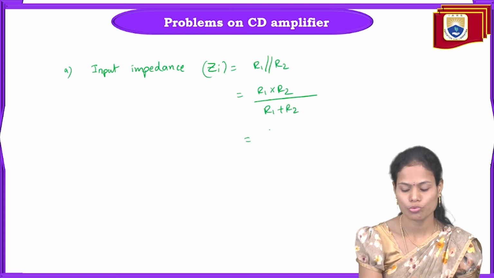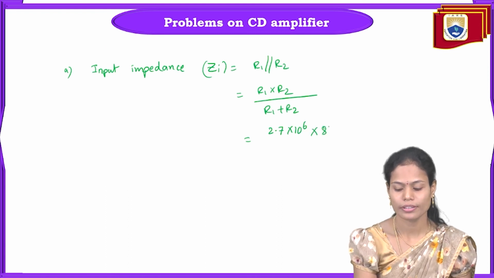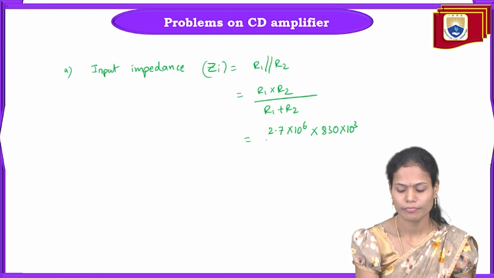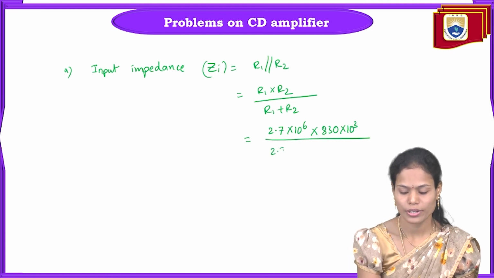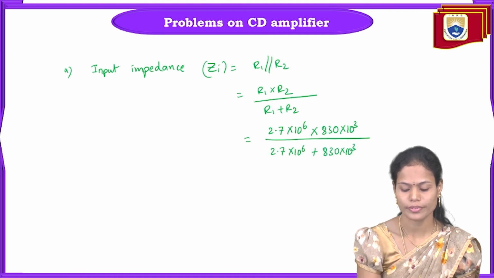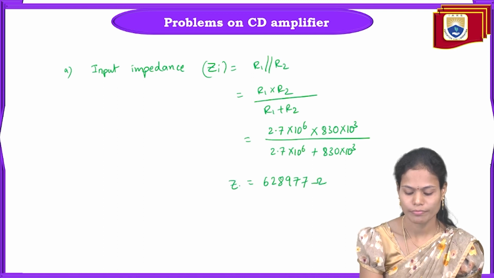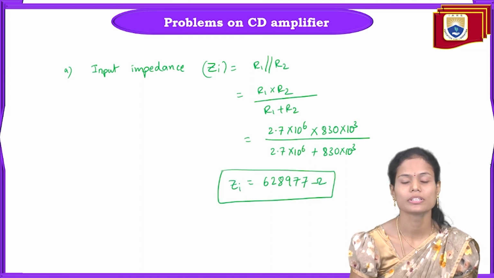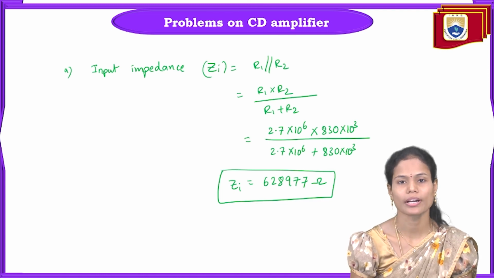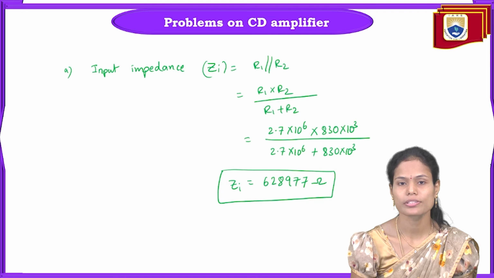R1 value is 2.7 mega ohms and R2 is 830 kilo ohms, so it is 2.7 into 10 power 6 plus 830 into 10 power 3. If we simplify this, we will get 628977 ohms as the input impedance. In the common drain amplifier, we are getting very high input impedance. Why? Because in the ideal case, input impedance must be infinity.